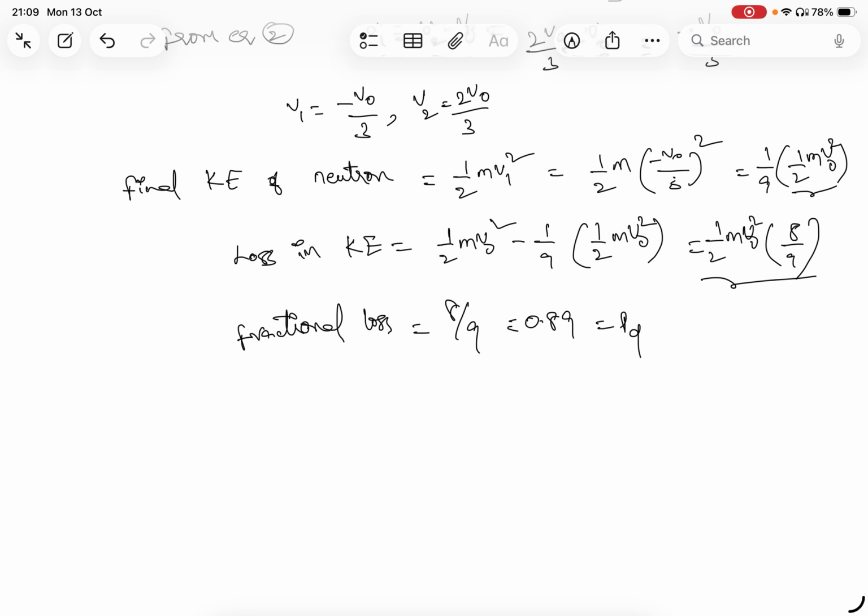Here, the carbon nucleus is made up of 6 protons and 6 neutrons, so it has nearly 12 times the mass of the neutron.